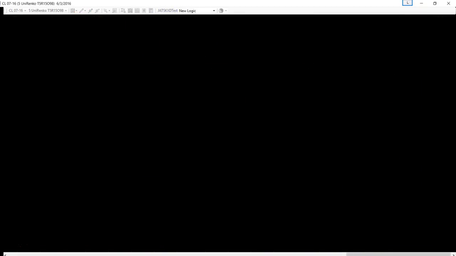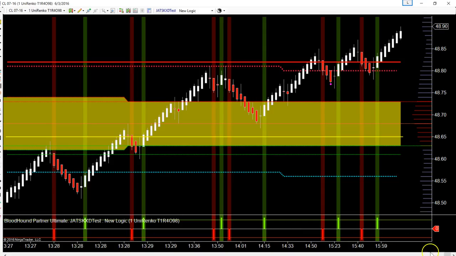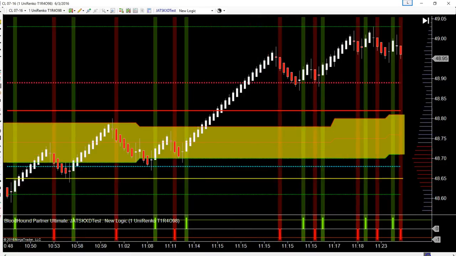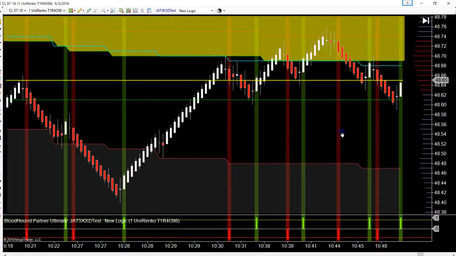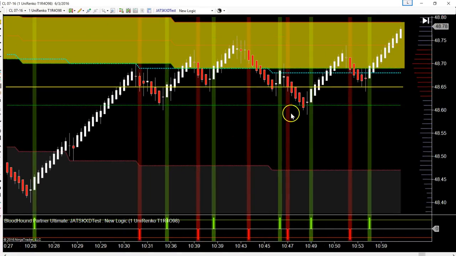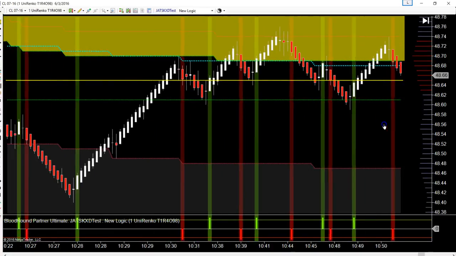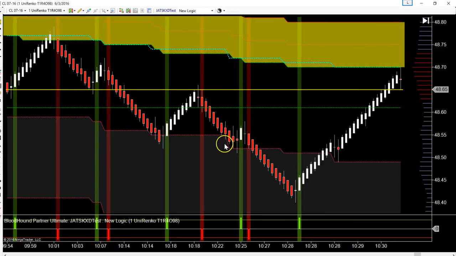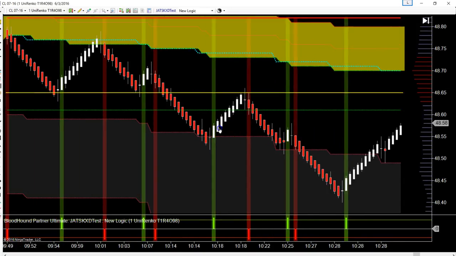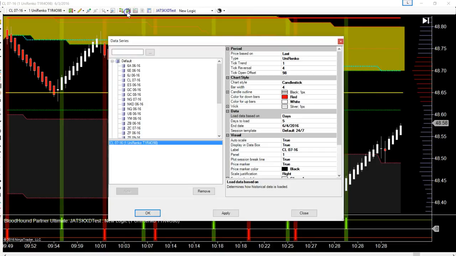And this is what micro involved looks like, where you just get knocked out, up and down, up and down, up and down. There's not really a way to figure this out except lose your account money. So increase your bar size.